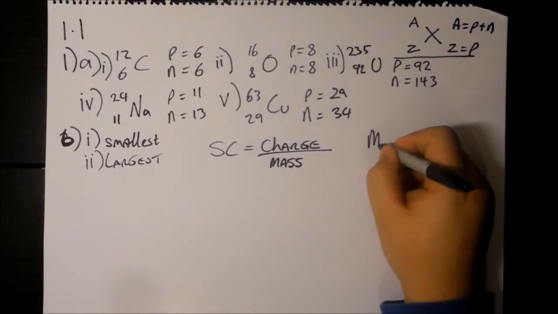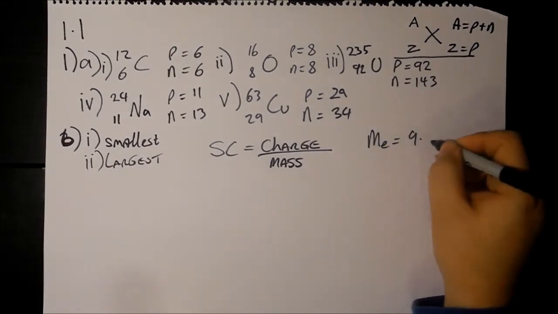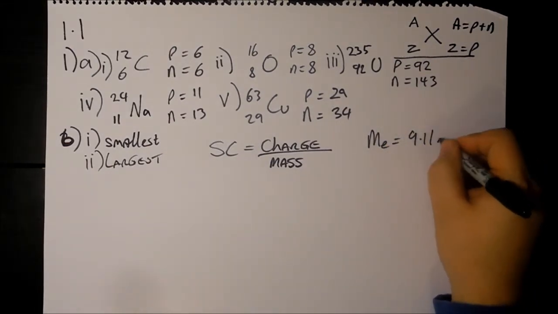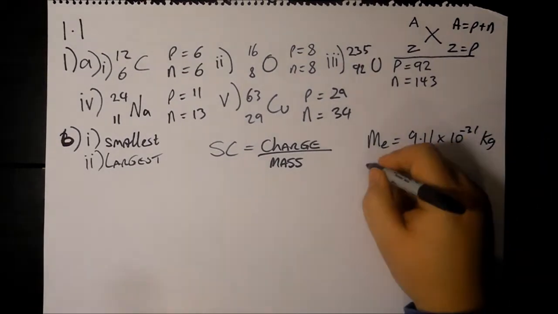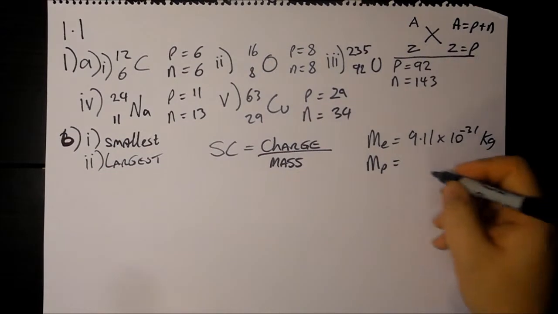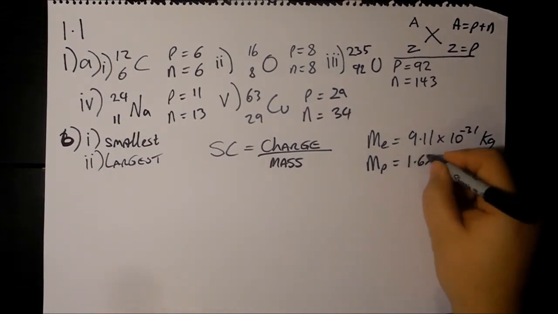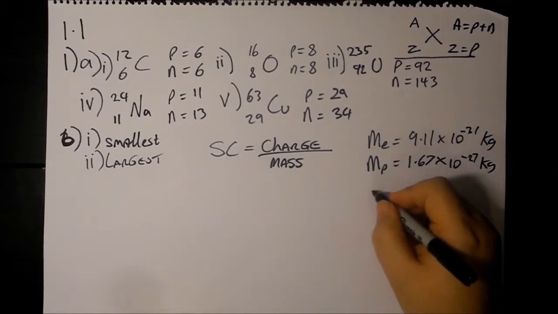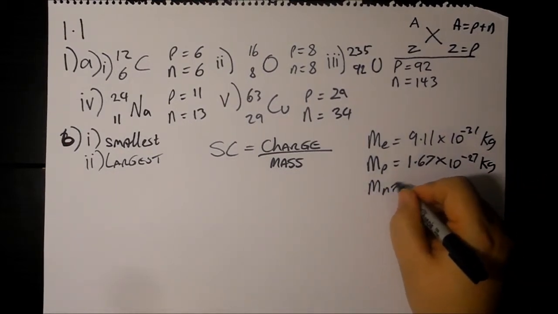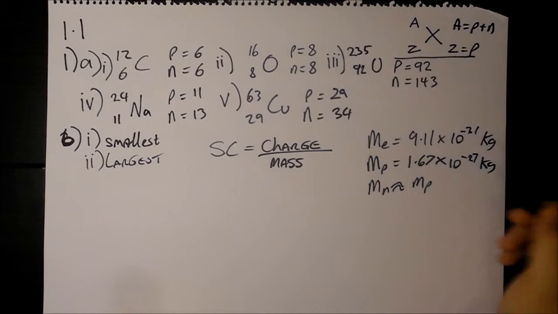The mass of an electron is 9.11 times 10 to the minus 31 kilograms. The mass of a proton is 1.67 times 10 to the minus 27 kilograms. The mass of a neutron is approximately equal to the mass of a proton.